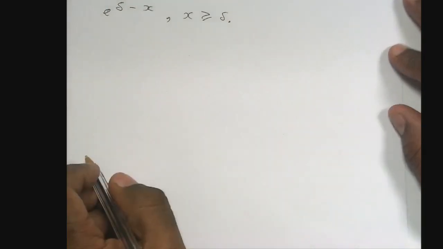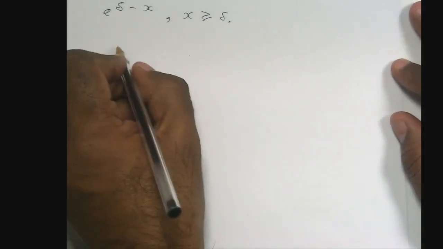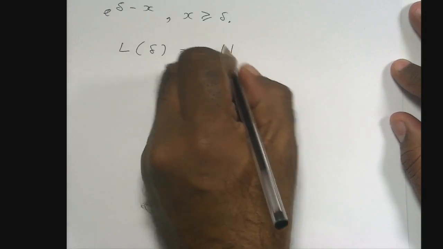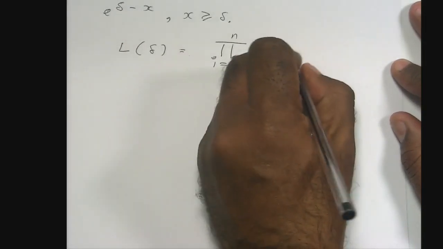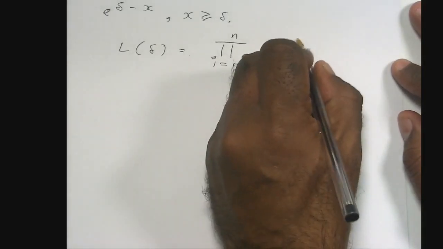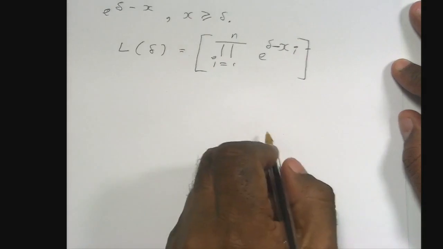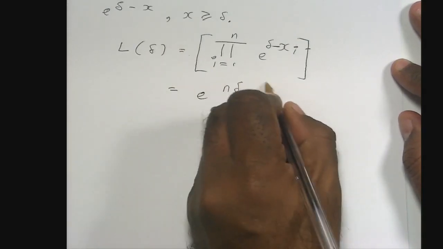All right, now the question is to find the MLE for delta. Let's try the standard approach. The likelihood will be e to the n delta.